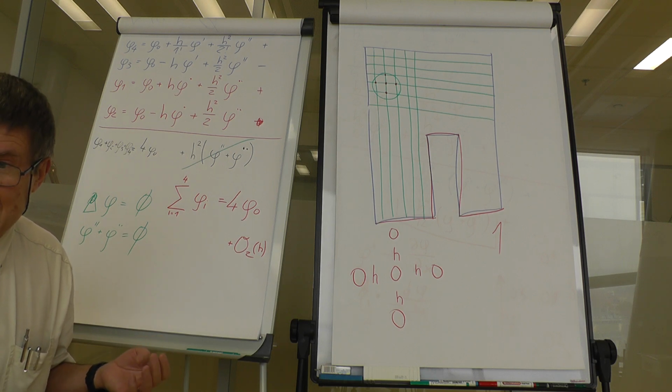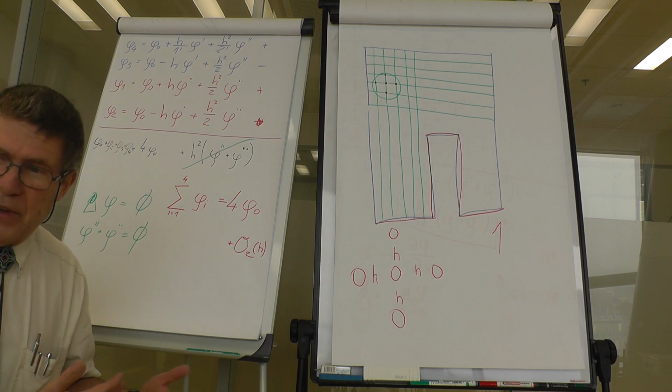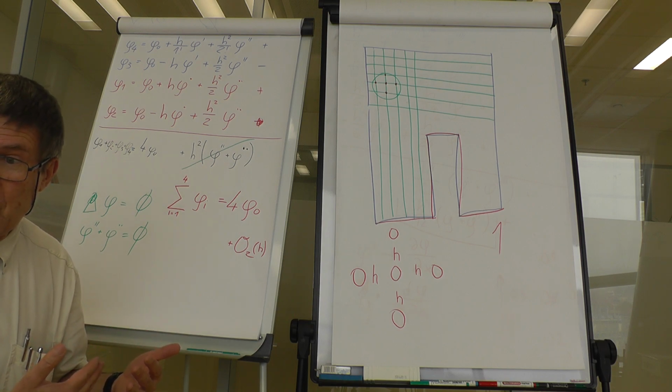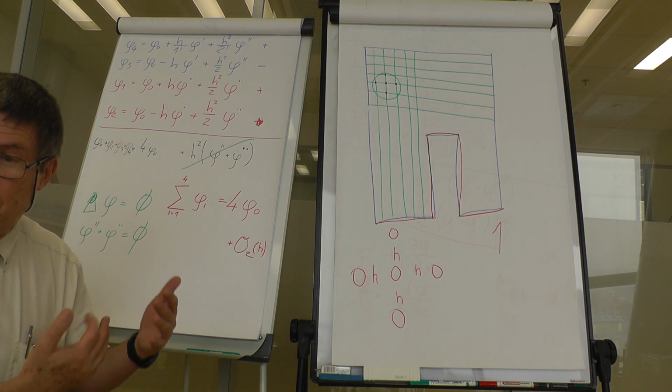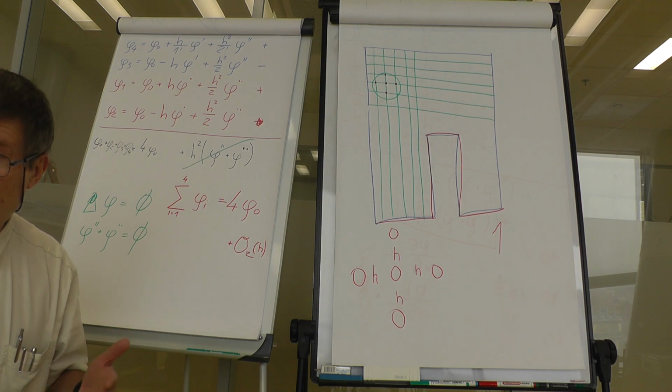And to store that, we would ordinarily have a matrix of 400 columns by 400 rows.